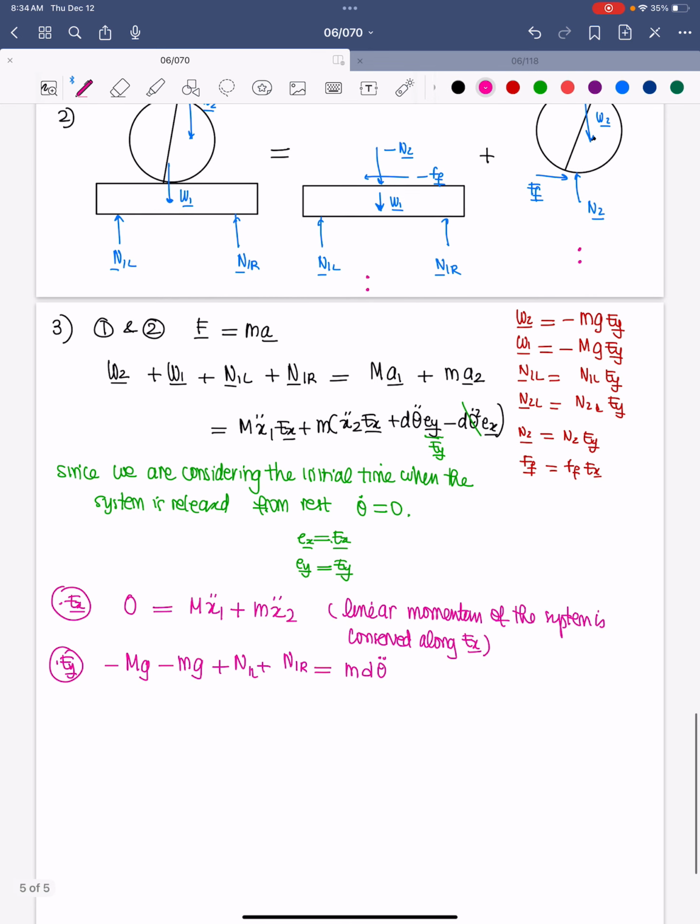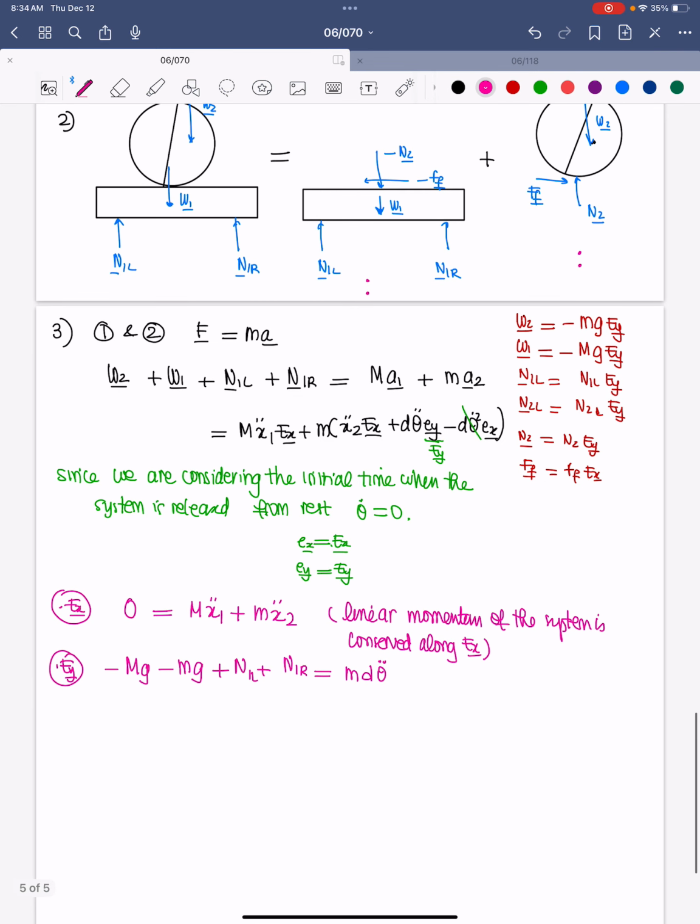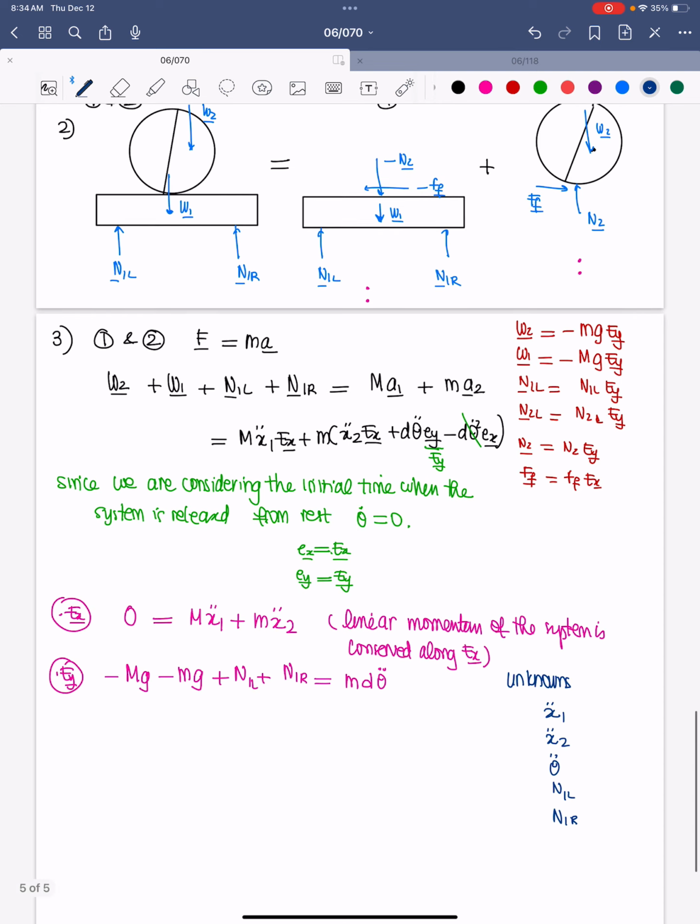Okay, very well. So now counting our unknowns, we have x double dot 1, x double dot 2, and theta double dot as our unknowns. Oh, and also the normal forces, N1L and N1R. So we definitely need more equations.